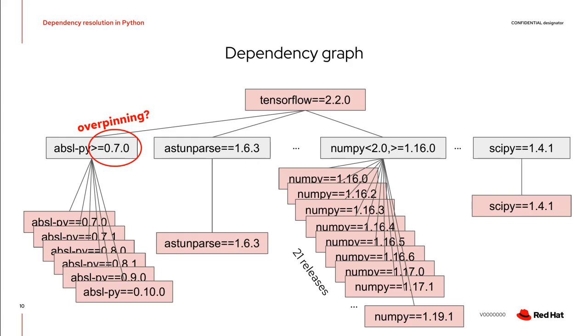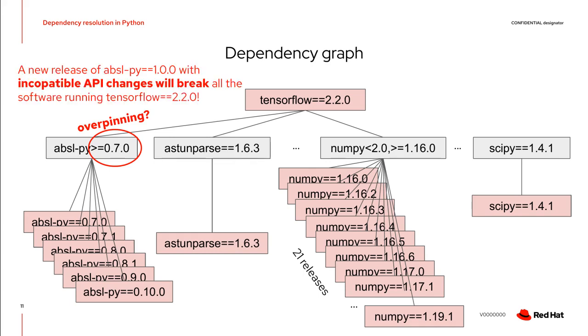So, for example, in the case of ABSLPy, there's stated version 0.7.0, and it could lead to overpinning, because if maintainers of ABSLPy are unaware that TensorFlow uses ABSLPy with some version range specification, and release new software, for example ABSLPy in version 1.0.0, there might be incompatible API changes that will break the whole installation of TensorFlow in version 2.2.0 if they resolve ABSLPy to the latest version that is released.